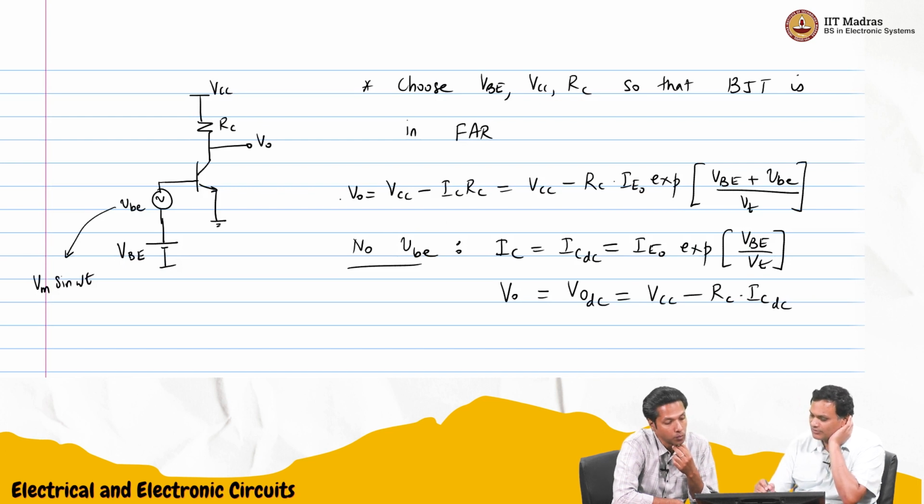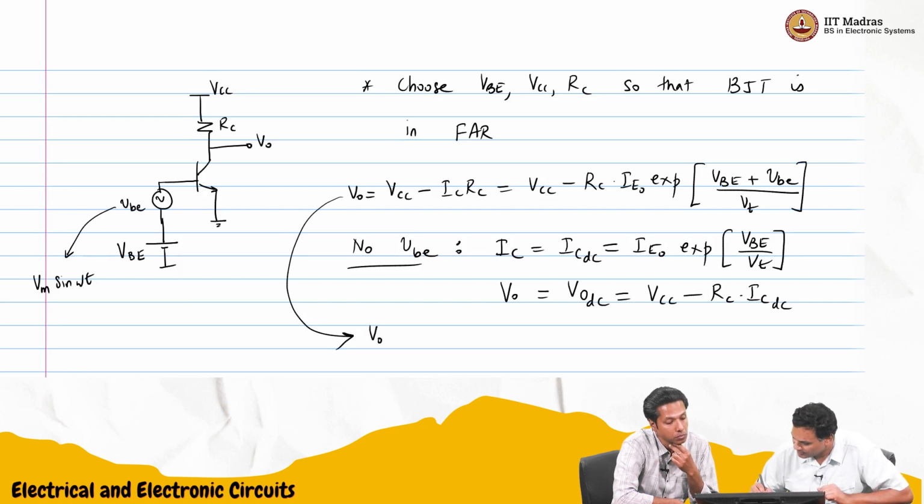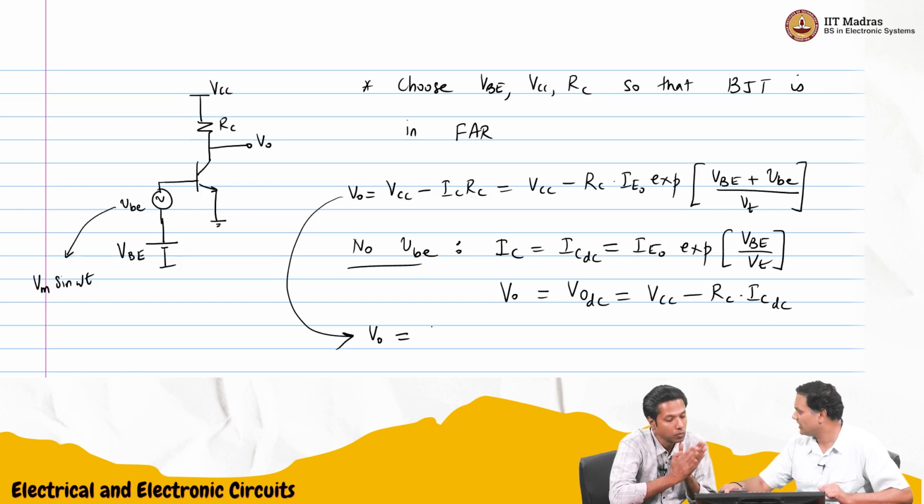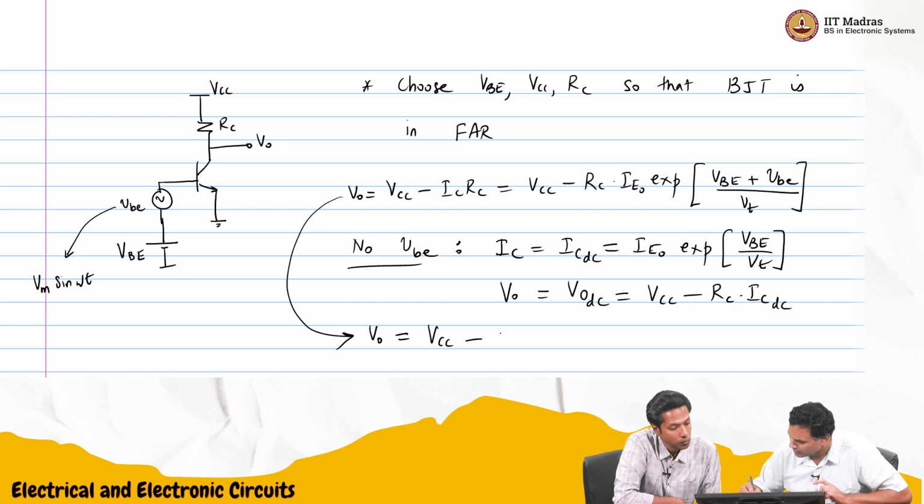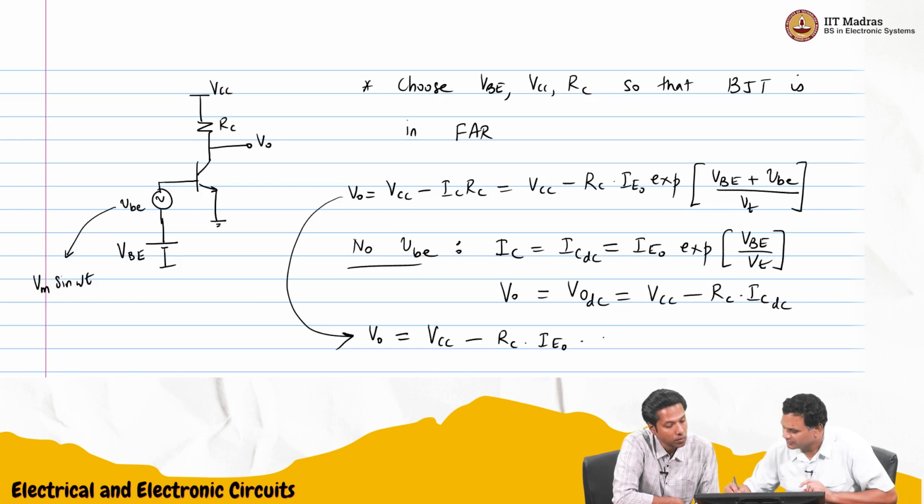Now we need to bring this back. We are having exponential of VBE plus small VB, and we can separate that out. RC times IE naught.